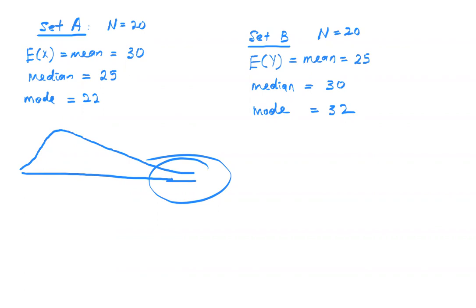If I'm talking about students' marks on the SAT, for class A and class B, it shows that for this class, those who get around 25 or more, I have very few students, very few, who are extremely good. Are you clear? So this is called positively skewed.